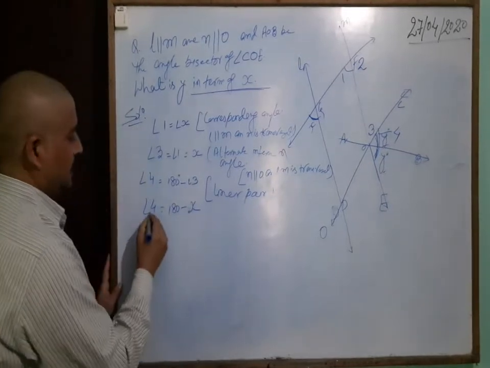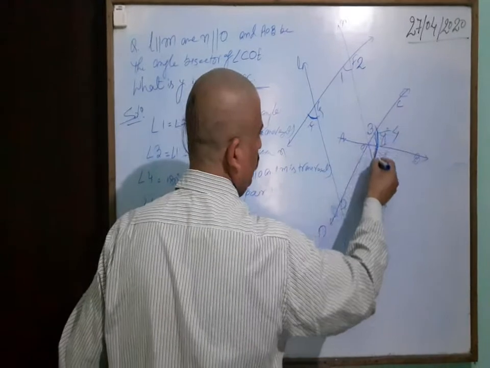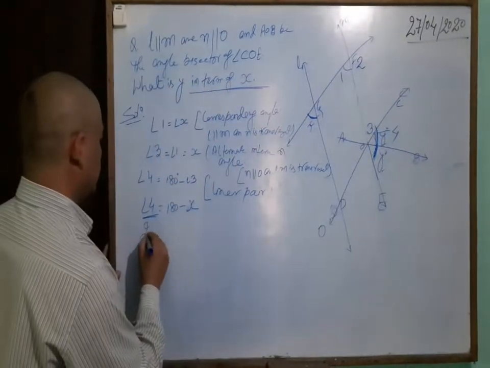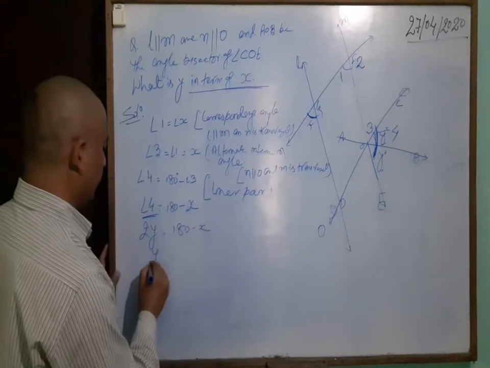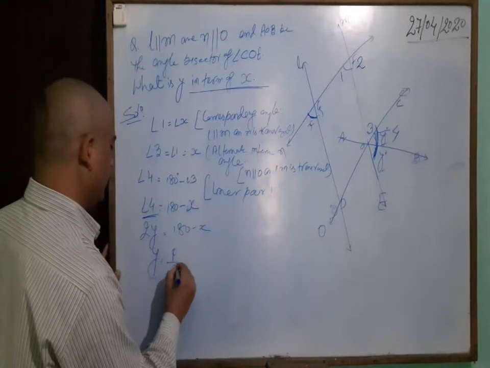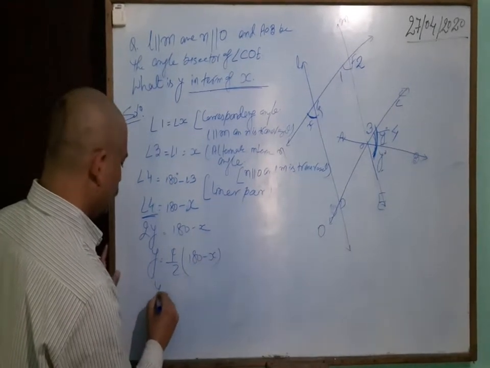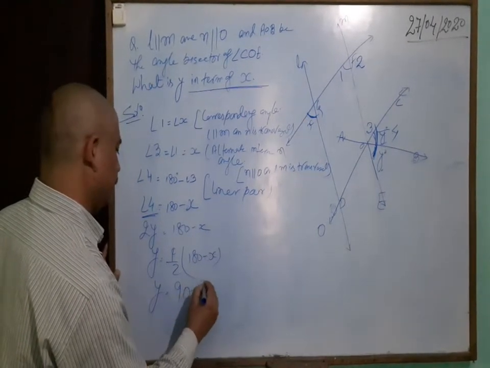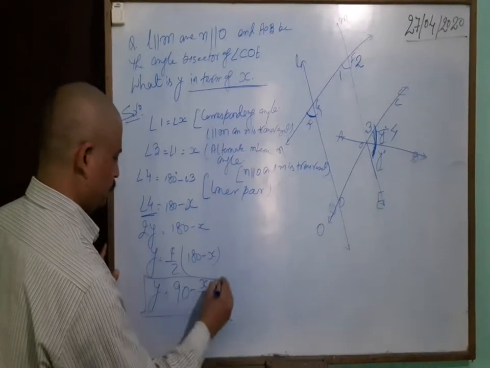Angle 4 equals y, so y equals 180 minus x. So y equals 1 by 2 of (180 minus x), or y is equal to 90 minus x by 2.